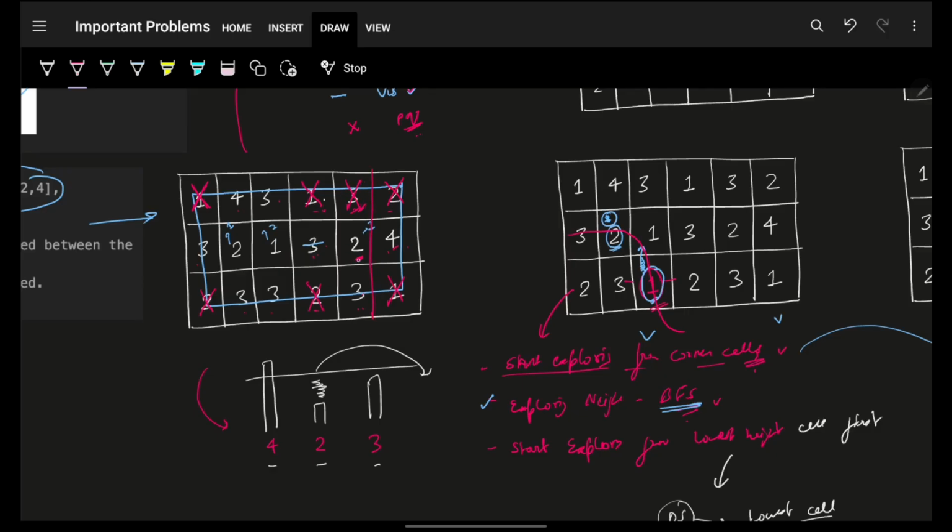So this 3 will help me add water in myself. The water will increase by the corresponding height, which is the current height which I have, right now 3 in this case, and the neighbor height, which is 2. And thus I will simply add a 1 in my water count.